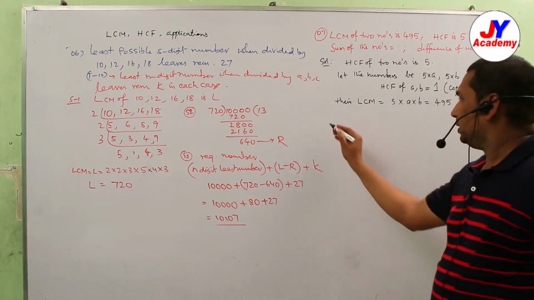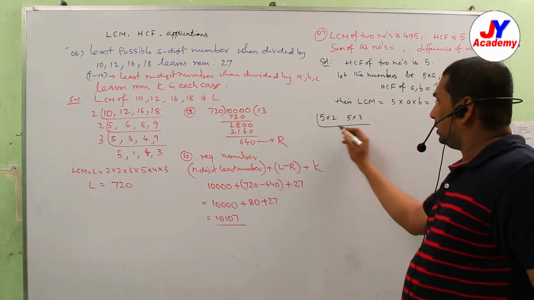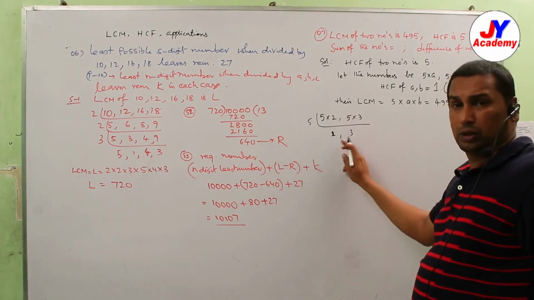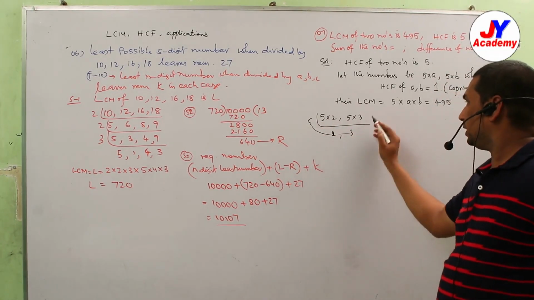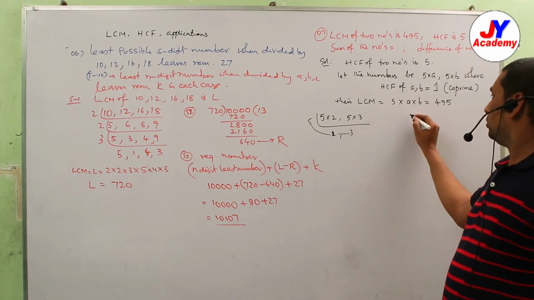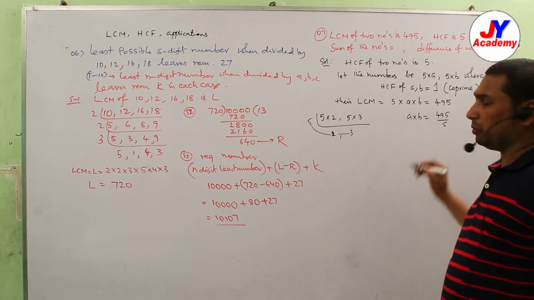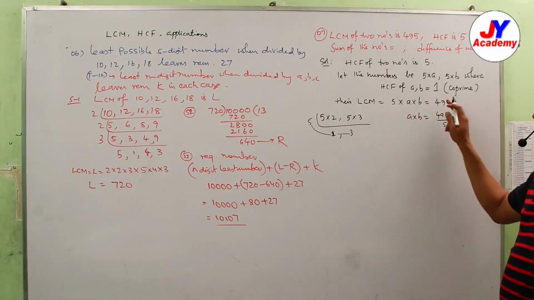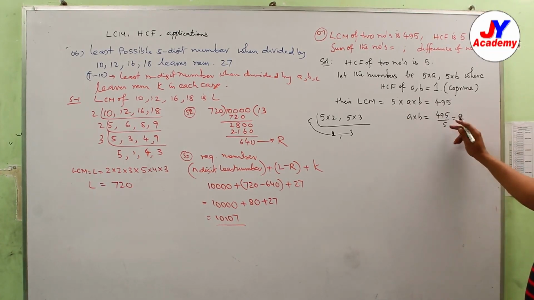Understood or not? Here 5 into 2 and 5 into 3. For example, what is the LCM? 2 and 3 are not in the same table, so we can do direct multiplication: 5 into 2 into 3. Now A into B is equal to 495 divided by 5. What should be multiplied by 5 to get 495? 5 nines are 45, again 5 nines.